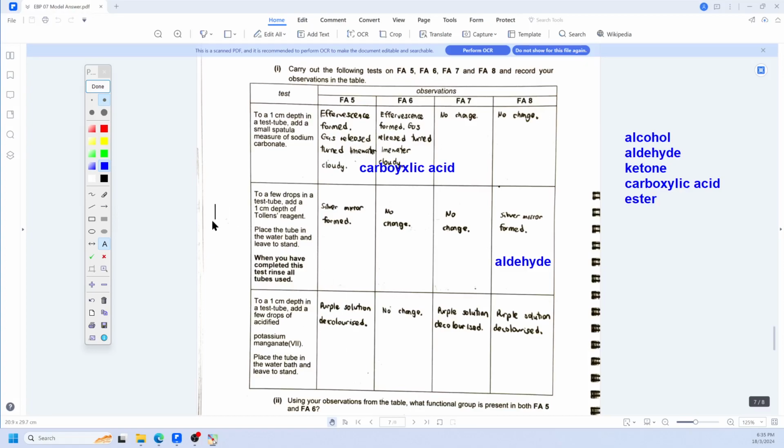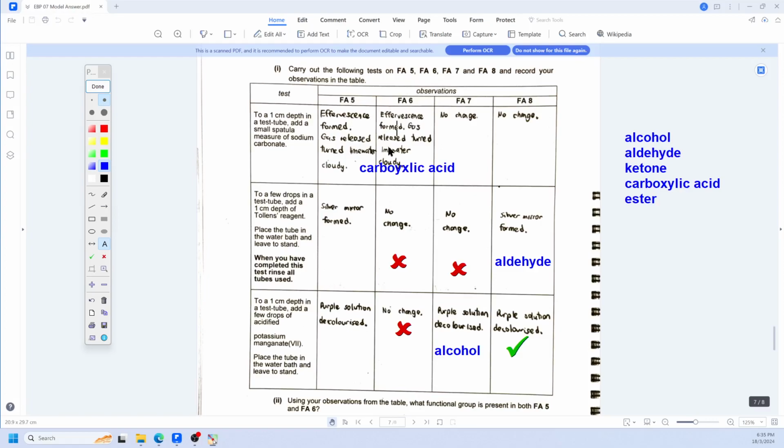Decolorizing the purple solution means it oxidizes. This one didn't oxidize, makes sense. This one oxidizes, makes sense. An aldehyde can be oxidized. This one has no change with Tollens, so it's confirmed not an aldehyde, and yet it decolorizes the purple solution. So the only answer is alcohol.